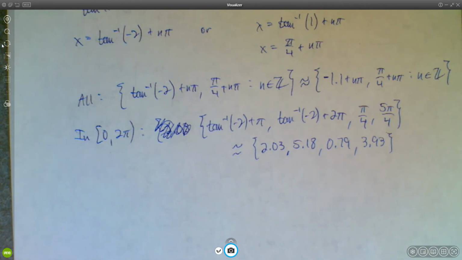Okay, let me give you a couple more. Let me show you what to do in the case where we've seen examples with sine and examples with tangent, but we haven't seen any examples with cosine. Hopefully we'll get to one of those in a second.